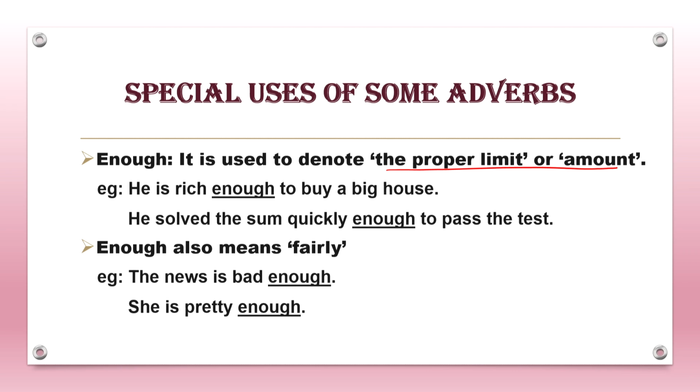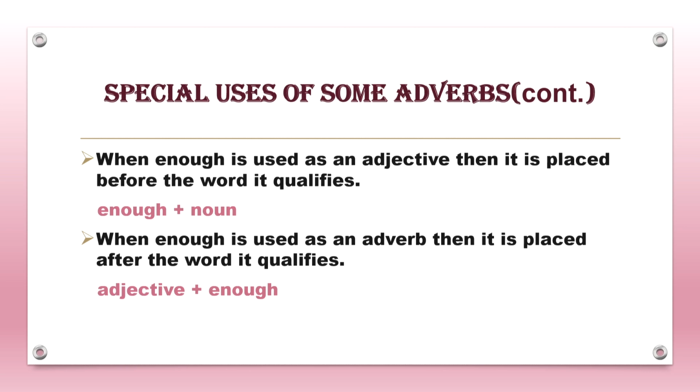Now, enough also means fairly. For example, the news is bad enough. Next example, she is pretty enough. Now, next, when enough is used as an adjective, then it is placed before the word it qualifies. Keep this in mind. Hence, in case of nouns, enough is used before it.